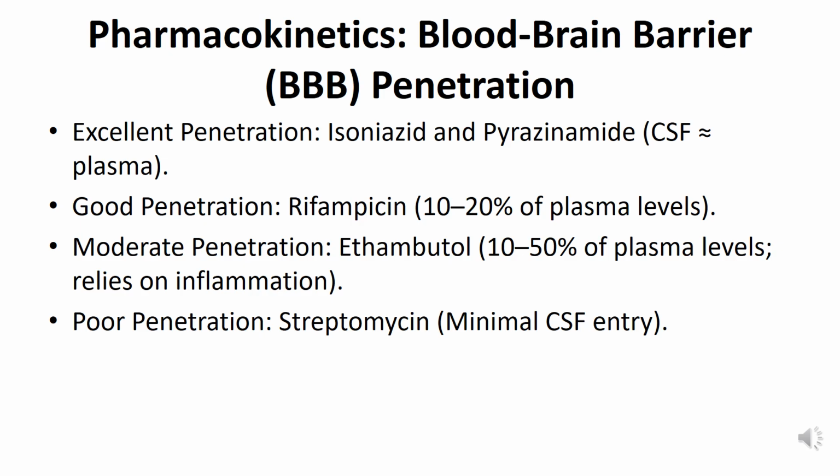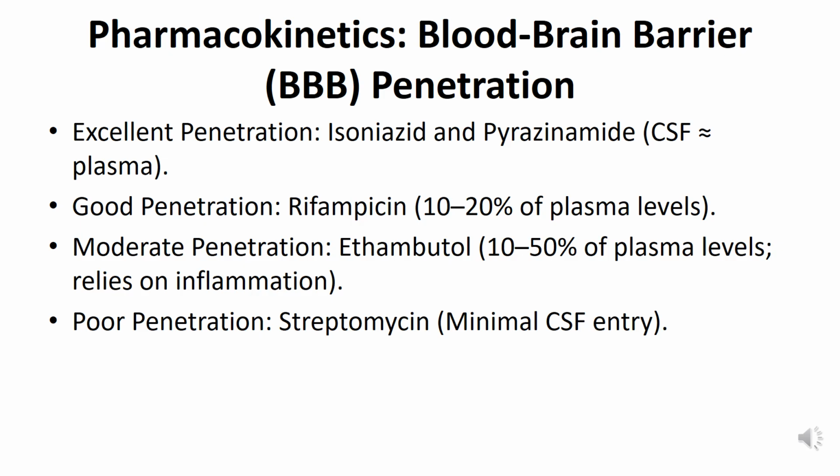The key takeaway is simple. Successful treatment of CNS tuberculosis depends not only on antimicrobial potency, but also on effective drug delivery across the blood-brain barrier. Isoniazid and pyrazinamide provide excellent CNS exposure. Rifampicin offers useful penetration along with strong sterilizing activity.